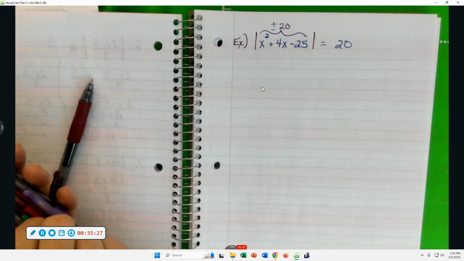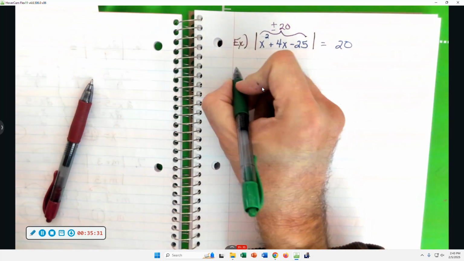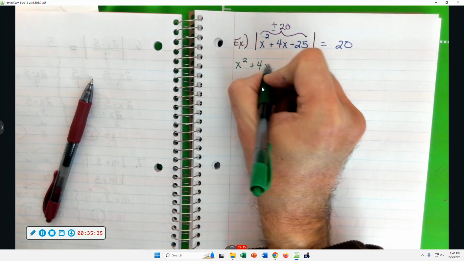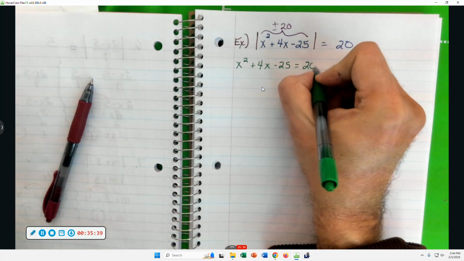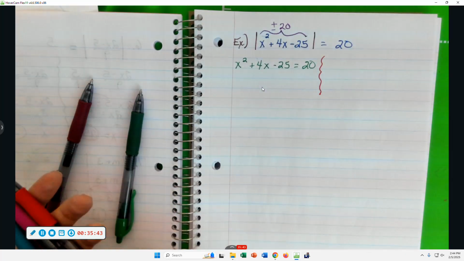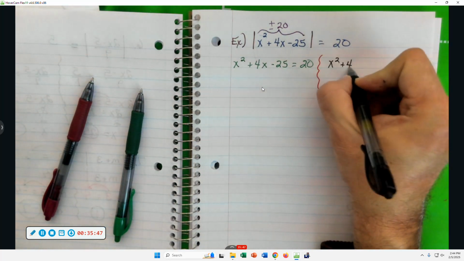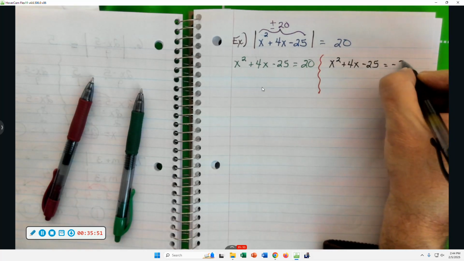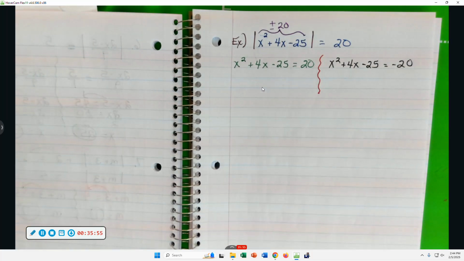So our two equations are going to be quadratic equations. We have x squared plus 4x minus 25 equals positive 20, and x squared plus 4x minus 25 equals negative 20. It's the same logic that we were using on the previous problems.